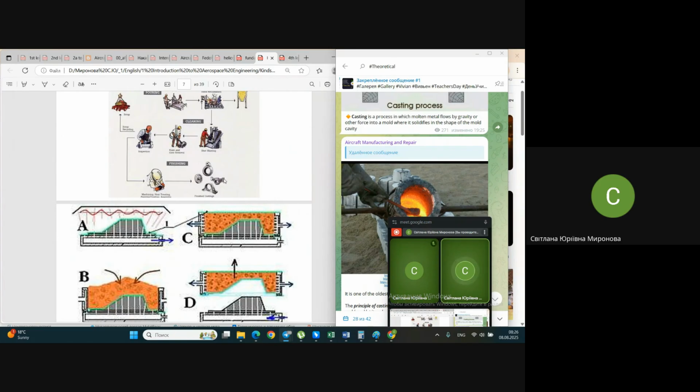Plus to this, so-called surface finish. Surface finish is a little bit wider concept than just surface roughness, but at least surface roughness you understand.